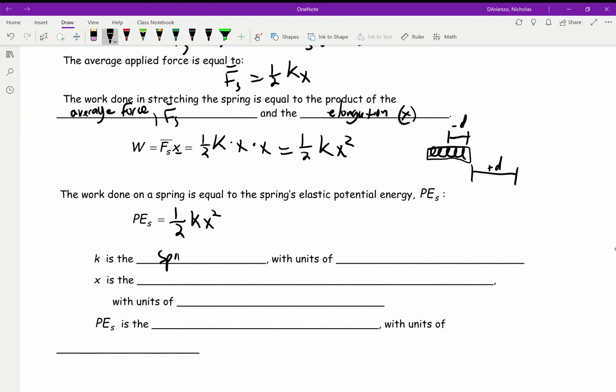Where k is the spring constant with units of newtons per meter. X is the elongation or compression length, and that's going to be measured in meters.